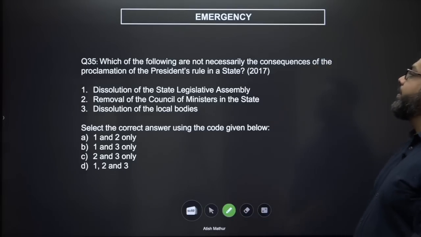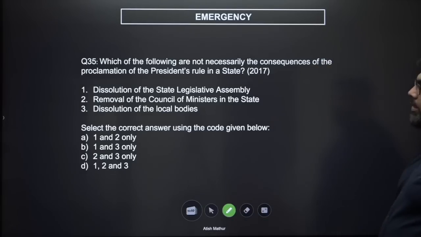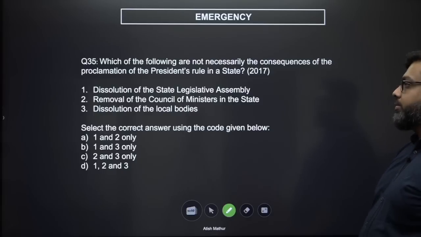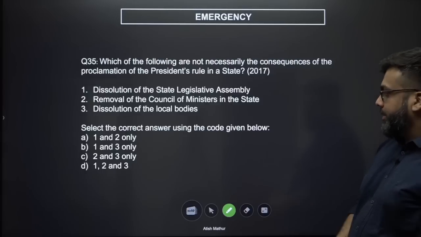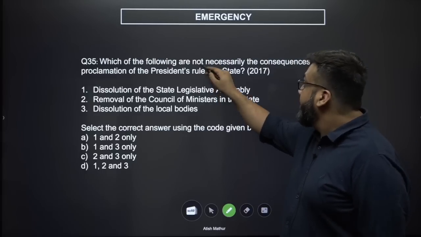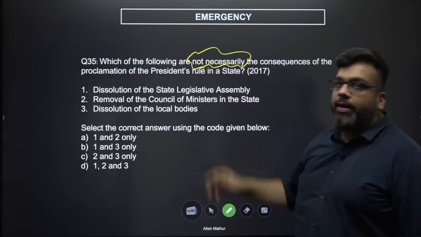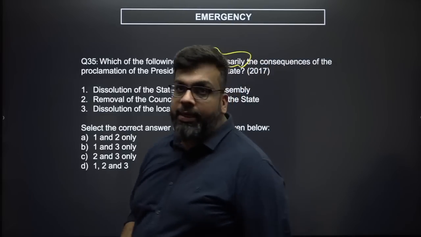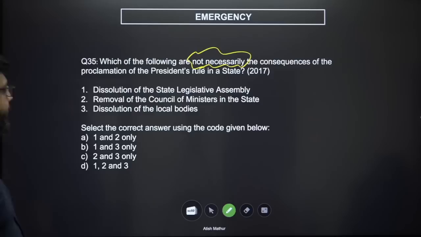Next, which of the following are not necessarily the consequences of the proclamation of presidential rule in a state? Again, a similar question. Which is not necessarily the consequence of the proclamation of presidential rule in a state? So let's understand what our answer should be.